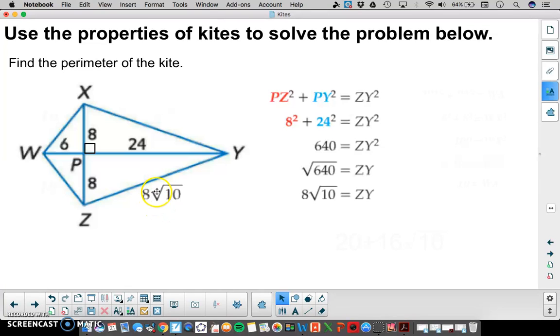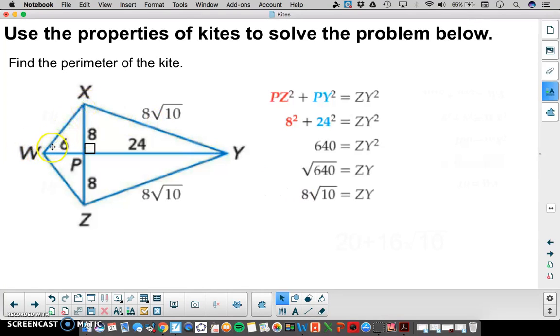Because this is a kite, we know we have consecutive sides congruent. So ZY will be congruent to XY. So XY will also be 8 square roots of 10. You notice that you could have also used Pythagorean theorem, but you would have used 8 and 24 again, so you would have wound up using the exact same measures to get 8 square roots of 10 again.